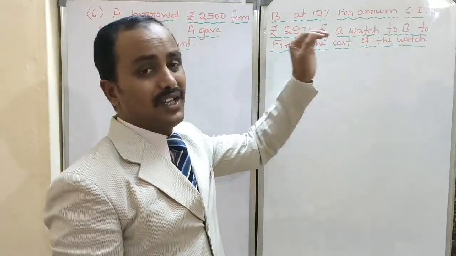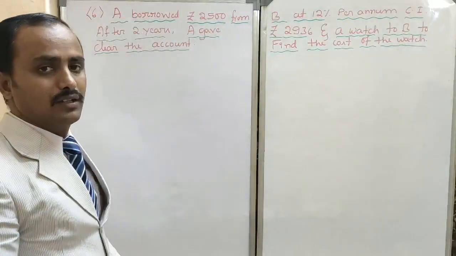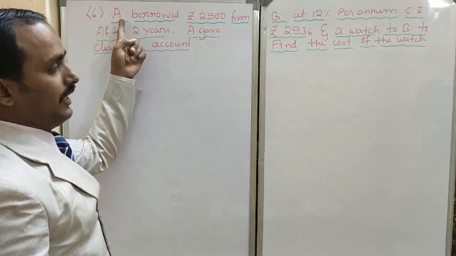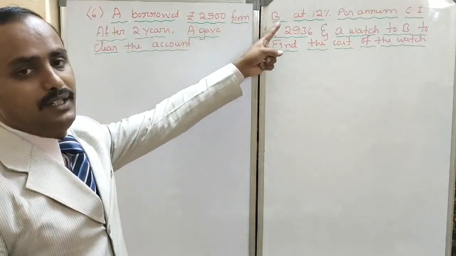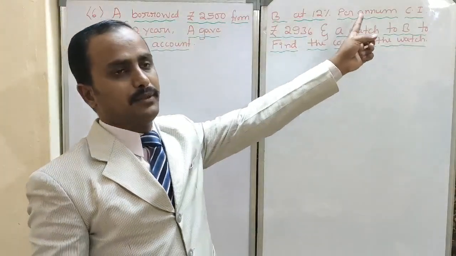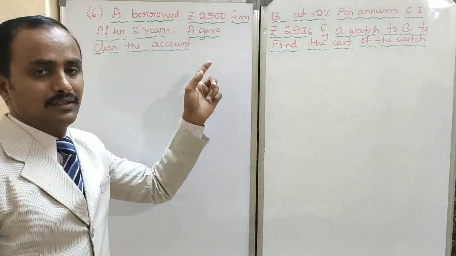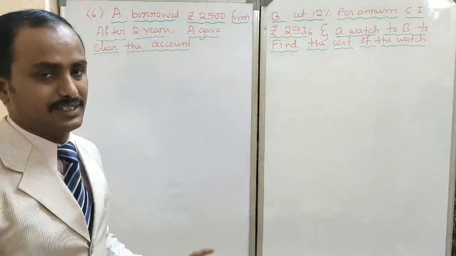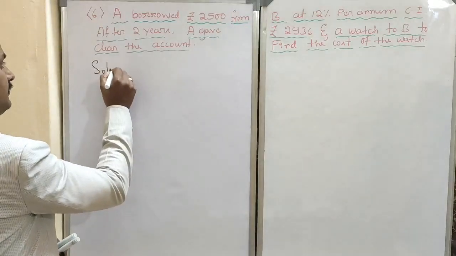Means first I will find out how much amount will come at the end of the 2 years. Person A received 2,500 from B at the rate of 12% per annum compound interest. After 2 years, how much amount did it become for person A to give person B? Shall I find that one? Coming to the solution part. Solution, dear children.